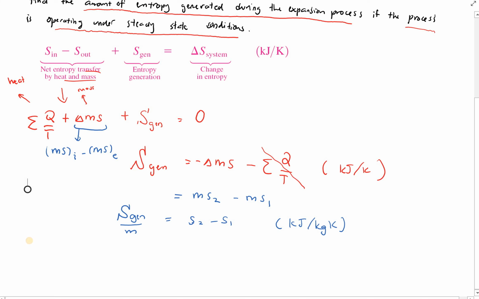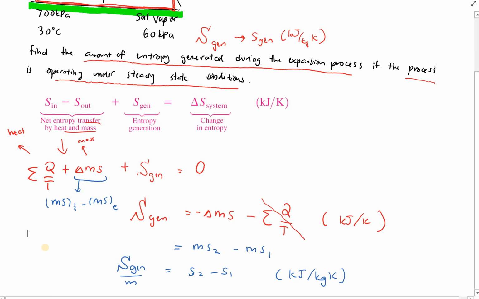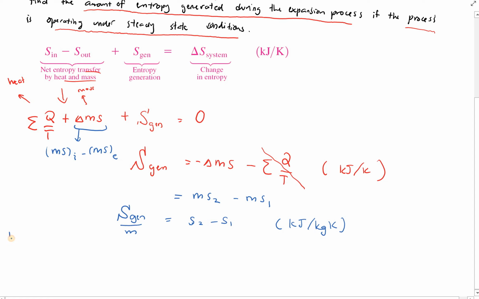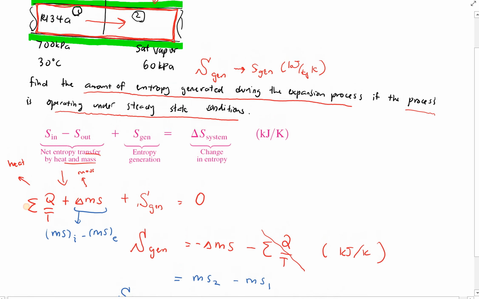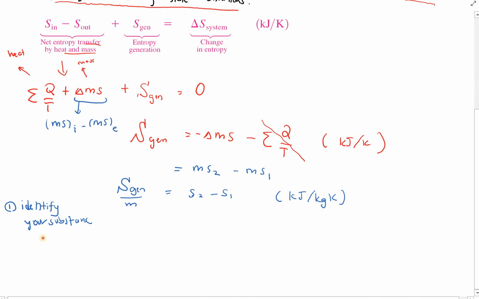Try to find the delta s. The first thing that you have to do is identify your substance. In this case your substance is R134A, so it's a pure substance.